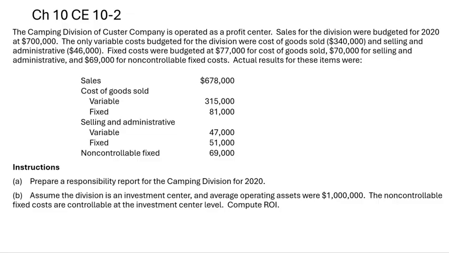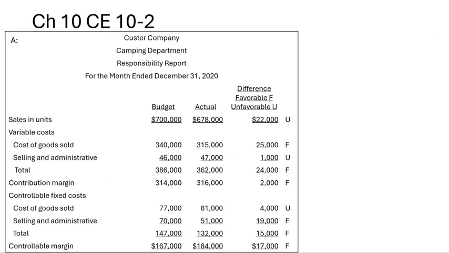So the first thing we do is the responsibility report for the camping division for 2020. So we have our budgeted data on the left there, $700,000 of sales. We subtract our variable costs, both cost of goods sold and selling and administrative, total variable costs.